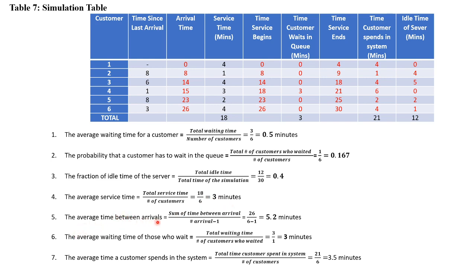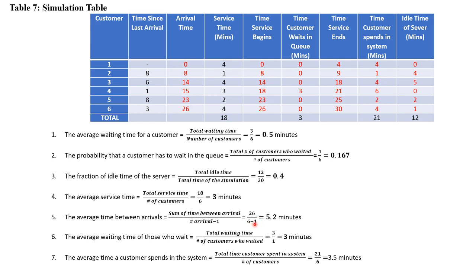The average time between arrivals is equal to the sum of time between arrivals divided by the number of arrivals minus 1. The sum of time between arrivals is equal to 26. When we sum up the time between arrivals, we get 26, divided by 6 minus 1.